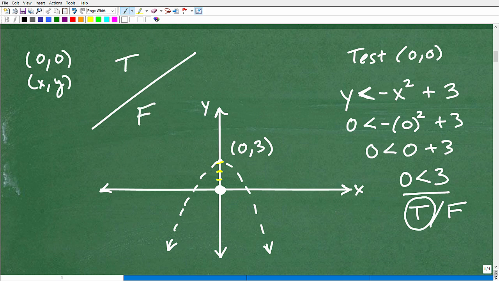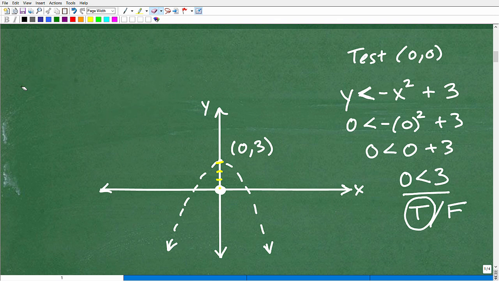All we need to do is test one side of the line. I'm dealing with a parabola, but if I was to graph a linear equation, if I find the true side, then I don't need to do anything else. If I find the false side, the other side by default is true. So here we found the true side. If one point is true in this region, all of these points are true.